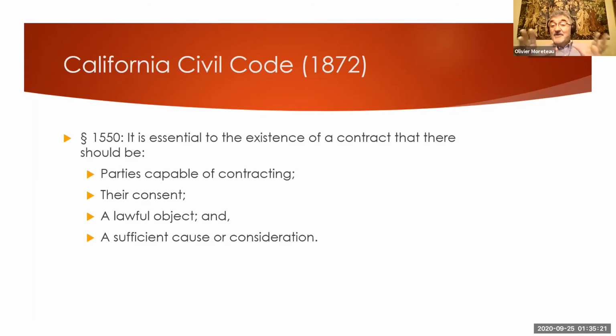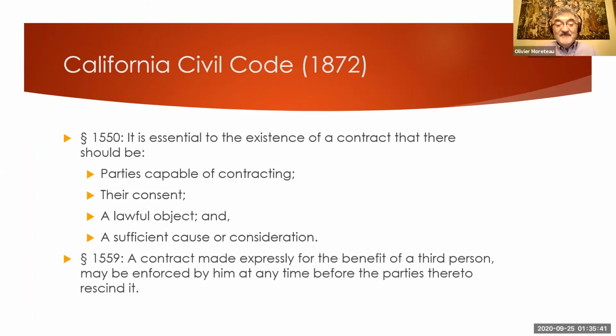These words are remarkable because cause is a concept that you find in the French Civil Code. Consideration is the corresponding common law concept, and the two are connected with or in this sentence.